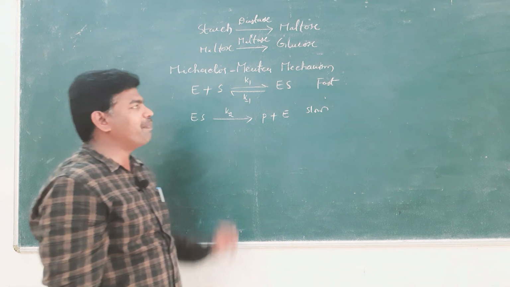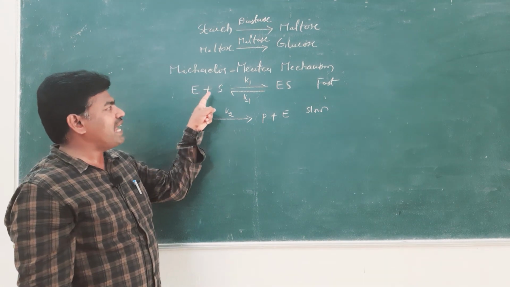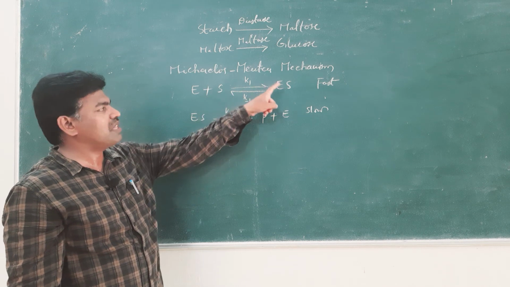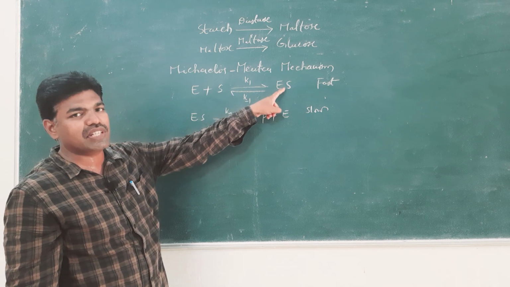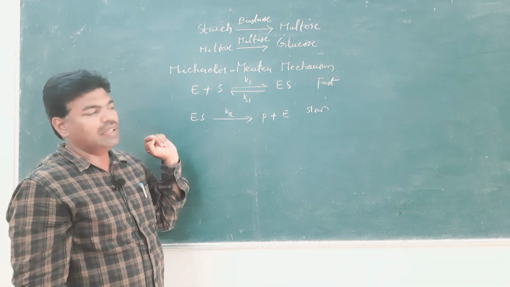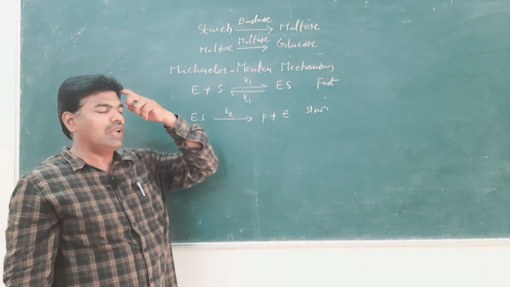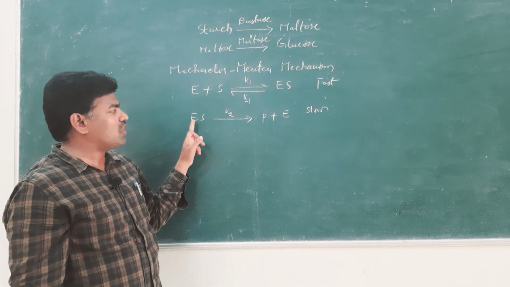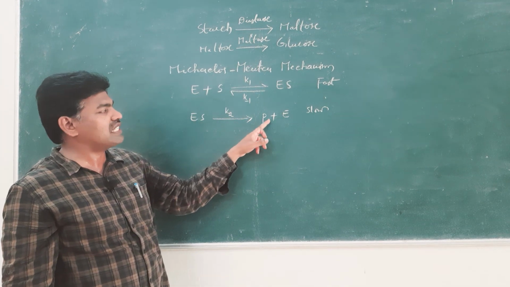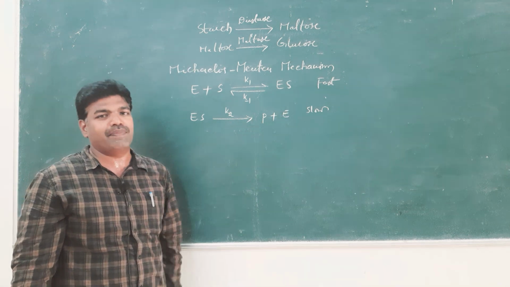So they proposed this mechanism: first the enzyme reacts with the substrate to form the enzyme substrate complex, which is in equilibrium with the enzyme and substrate, and this takes place very fast, and then the enzyme substrate complex decomposes to give products plus enzyme. This is a very slow step.